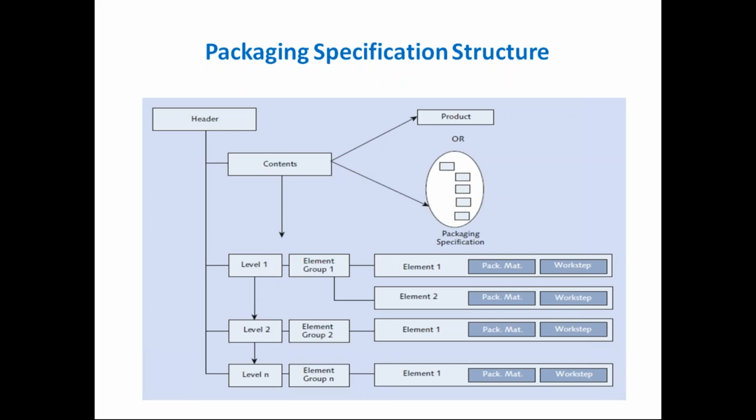Just like nested handling units, we can have a nested packaging specification in a main packaging specification. For the mobile phone, for the entire thing, in the content I can keep the mobile and another packaging specification that represents the charger packaging. Like this we can use the content fields.